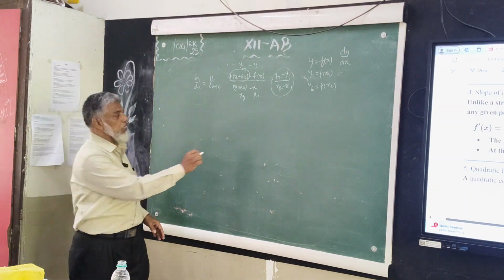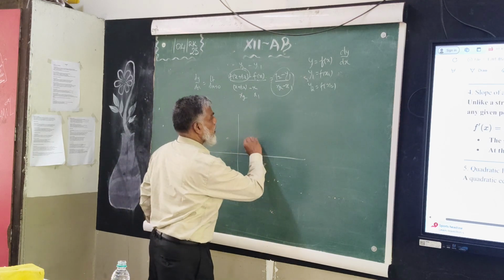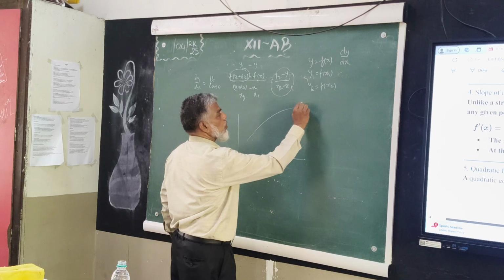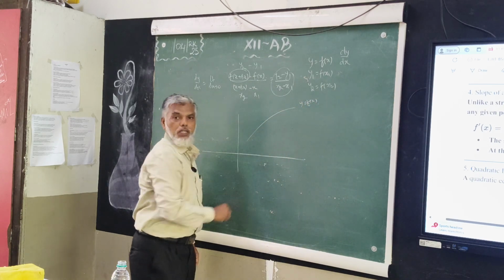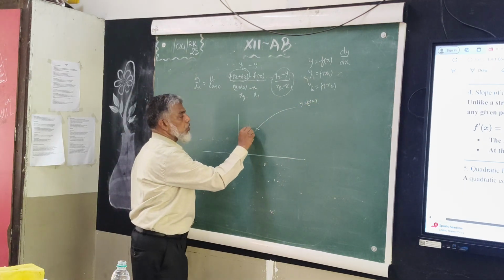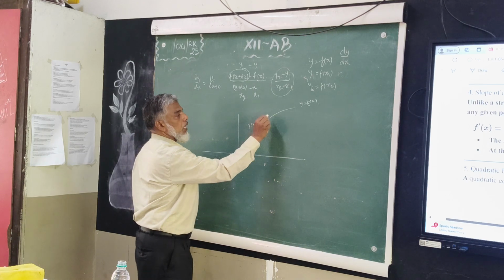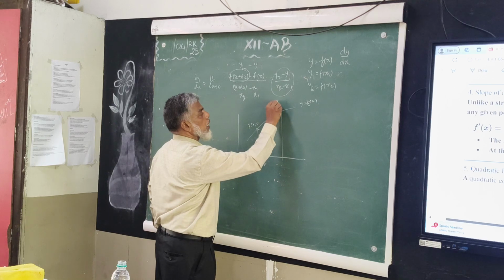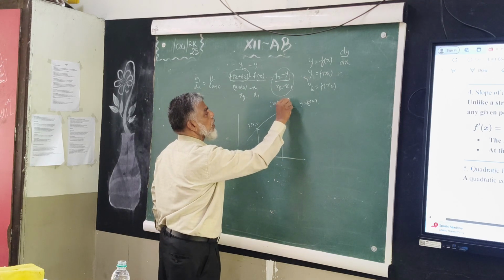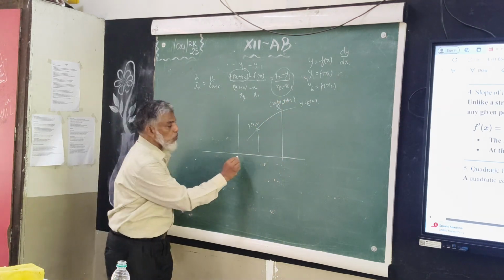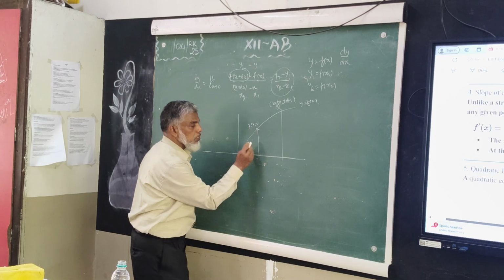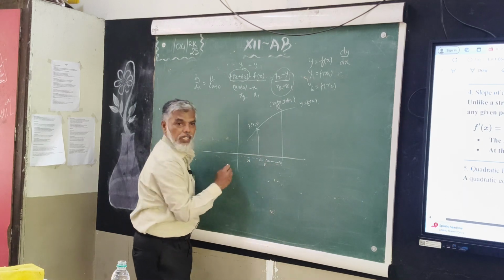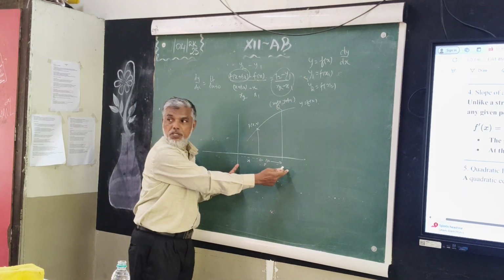Delta x tends to 0 means: have a curve like this, curve y equal to f of x. Take the point P as x comma y and take the point Q as x plus delta x comma y plus delta y. What is this distance? x. And this one is delta x, so it is x plus delta x.